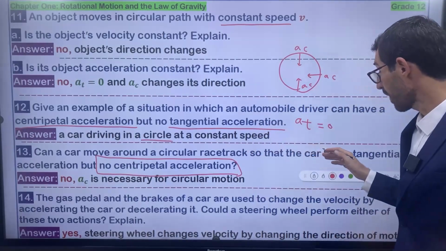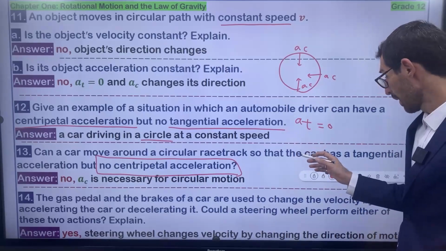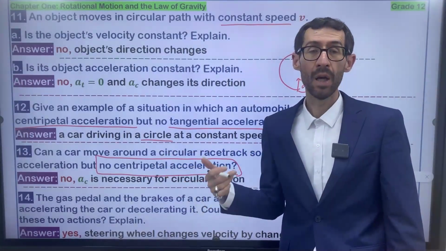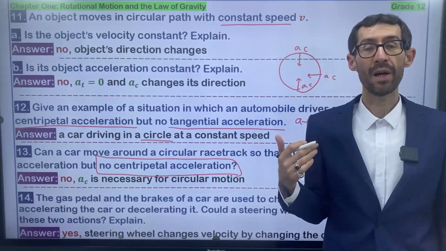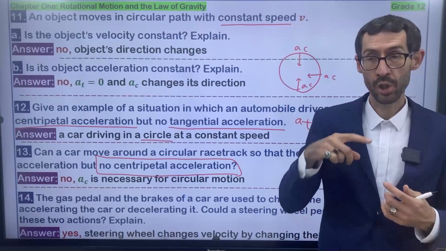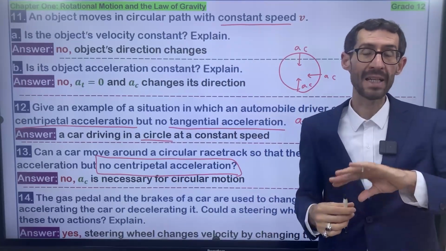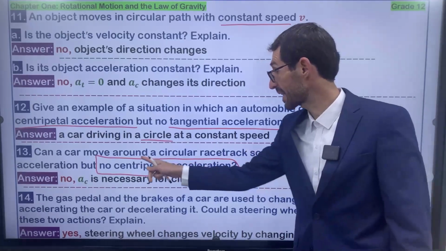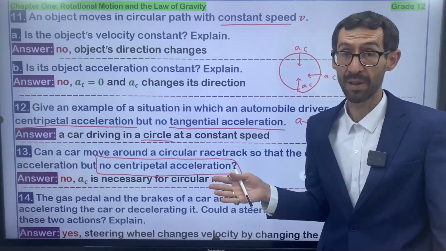But about the first part of the question, it says the car has a tangential acceleration. No problem. In which situation does a car have a tangential acceleration? When the car speeds up during a circular track, or when the car slows down during a circular track, no problem. But the second one can't be. It's impossible.